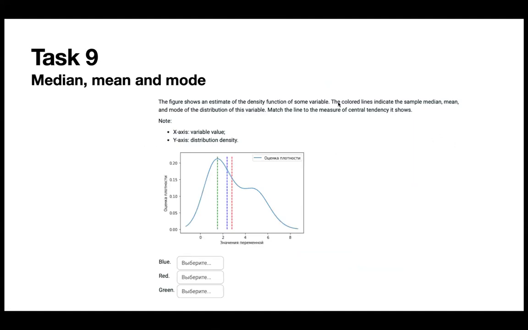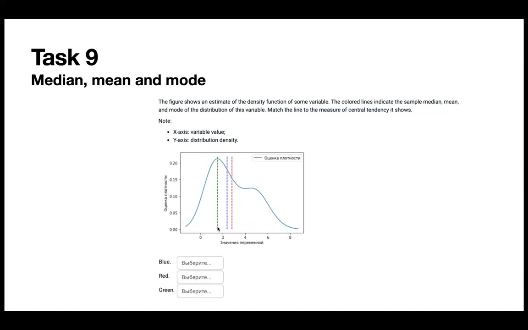Okay, what we've got here. You just need to pick the given values from the list. You need to select where is the mode, where is the median, and where is the mean on that graph.